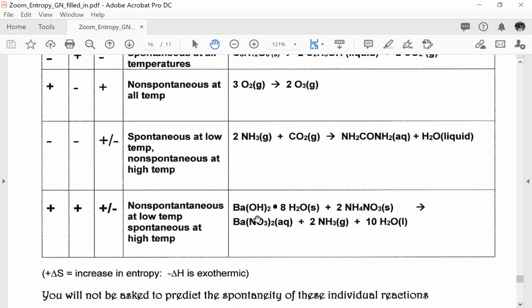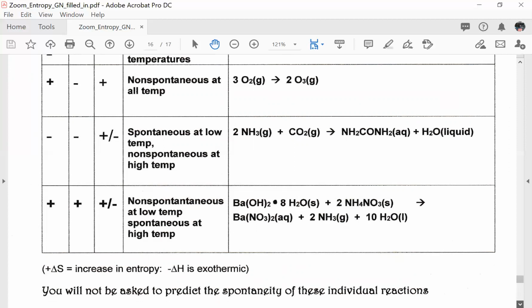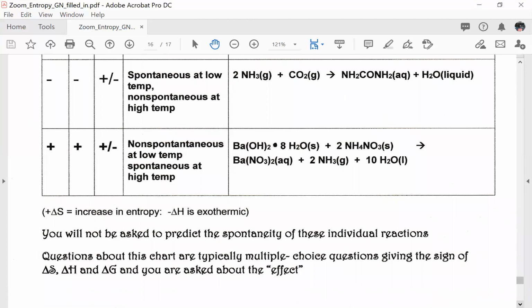So for example, barium hydroxide decahydrate plus ammonium nitrate solid goes to barium nitrate solution plus ammonia plus 10 waters. To remember, if the delta S is positive, you have an increase in entropy. If you have a negative delta H, it's exothermic.